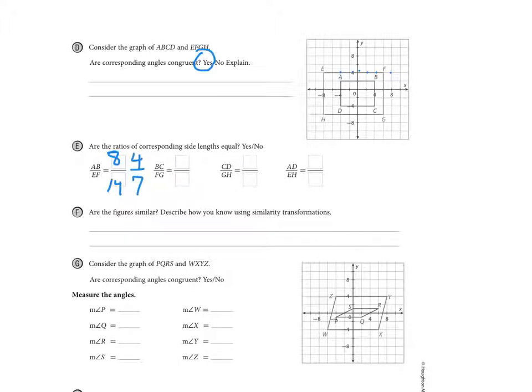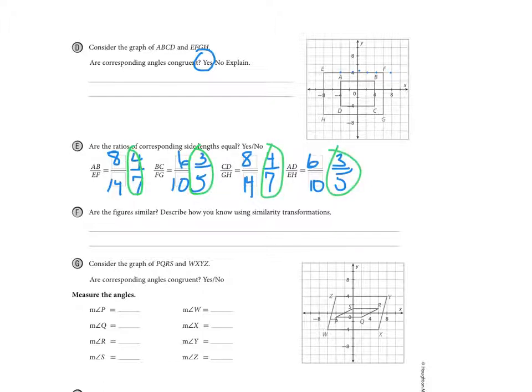I want you to pause this video and do the other 3 by yourselves. After you're done with this, they simplify. When they simplify, you can see that these ratios are not the same. And so these figures are not similar because their side lengths are not proportional. They have not all used the same scale factor to increase.